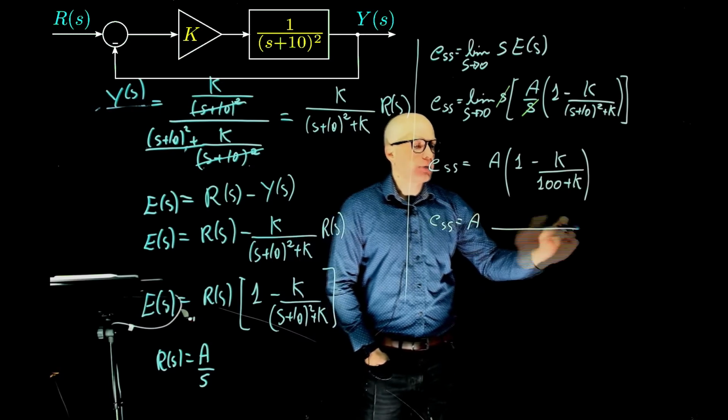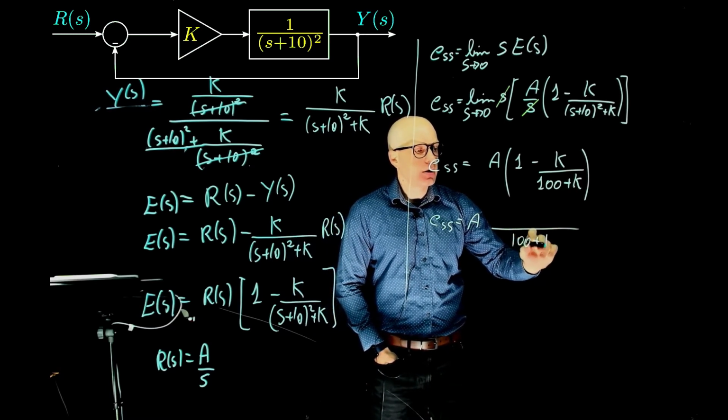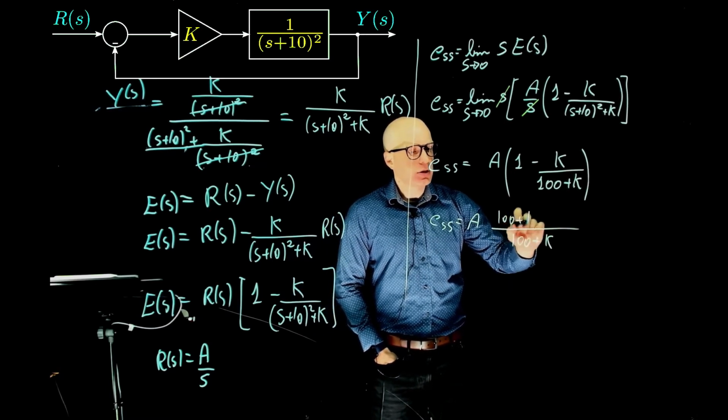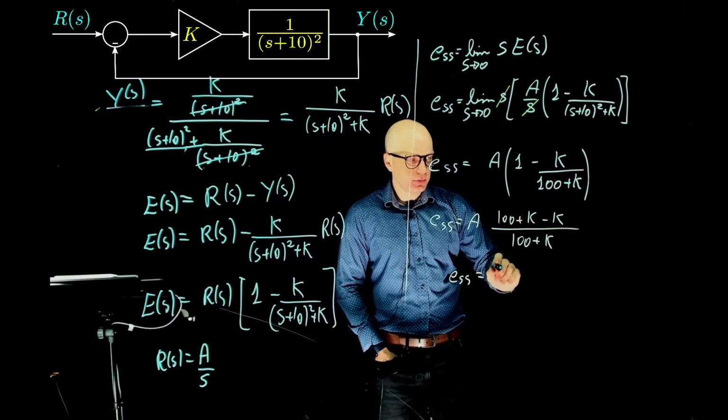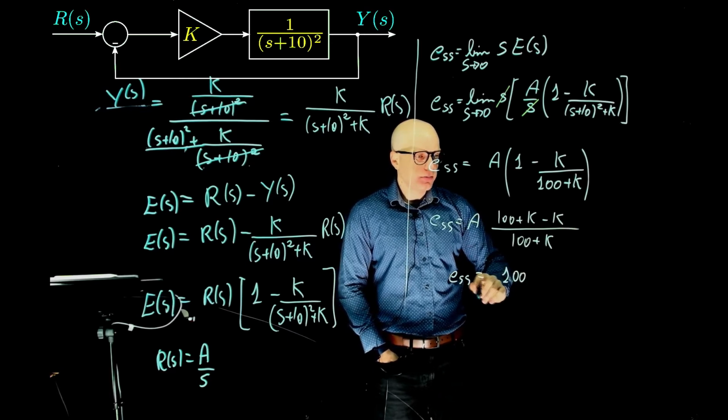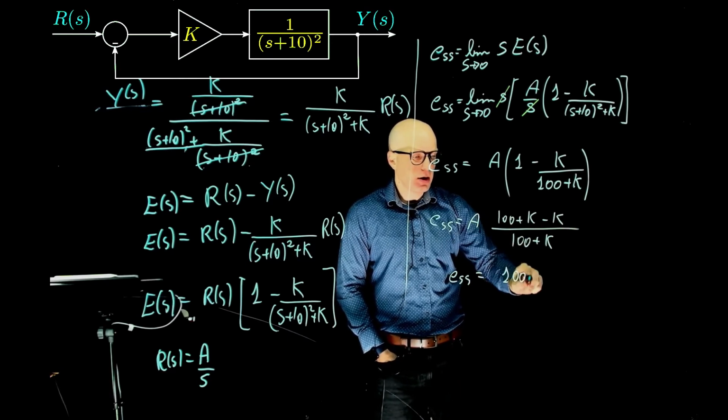Let's find a common denominator, which is 100 plus K. That's 100 plus K minus K. So the error in steady state is 100 times A divided by 100 plus K.